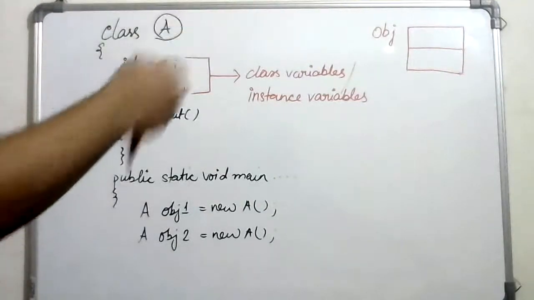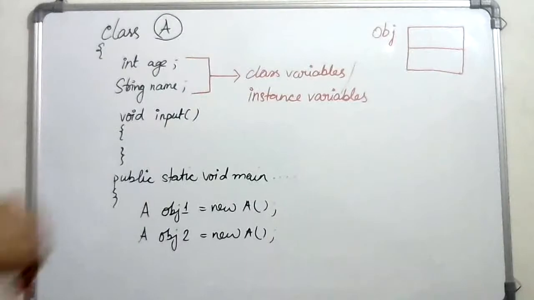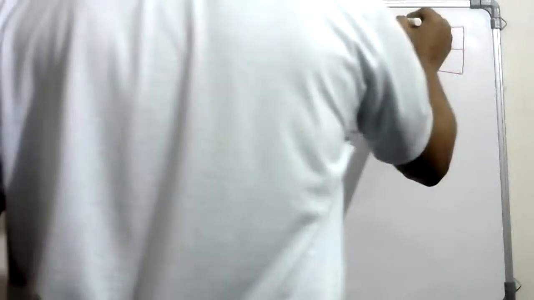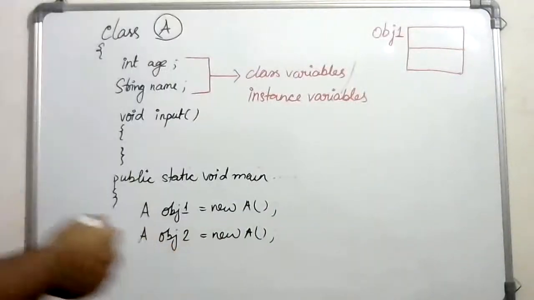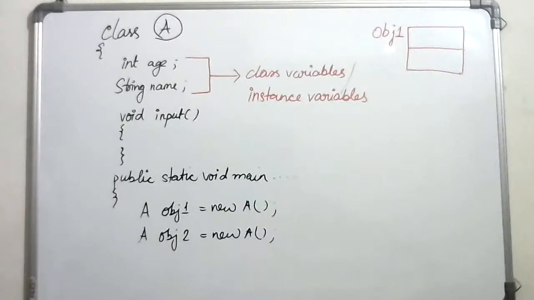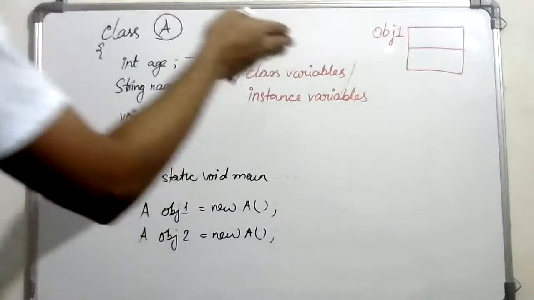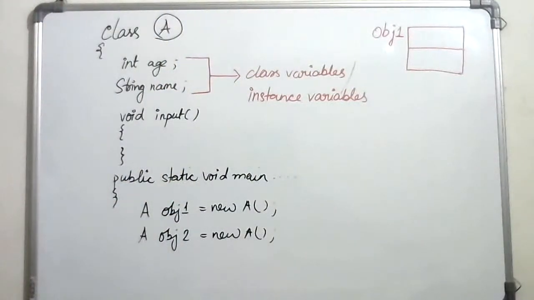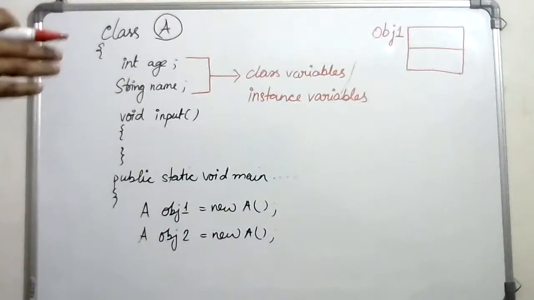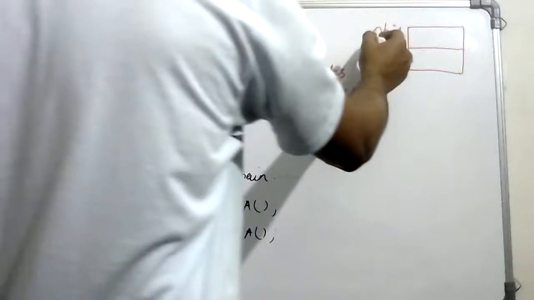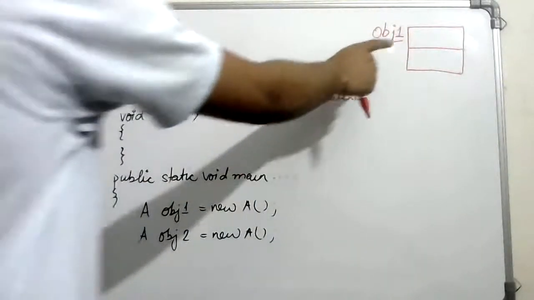The object may also be referred to as an instance of the class. So this instance obj1 has two variables that are unique to it. It does not share these variables with anybody else. It is private to this particular object. So it belongs to this particular object.